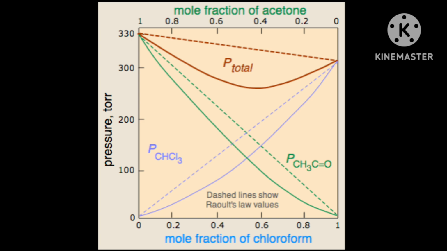So three types you can tell: AA among themselves, BB among themselves, and AB type of interaction. These three types of interaction will also be present in the ideal solution.